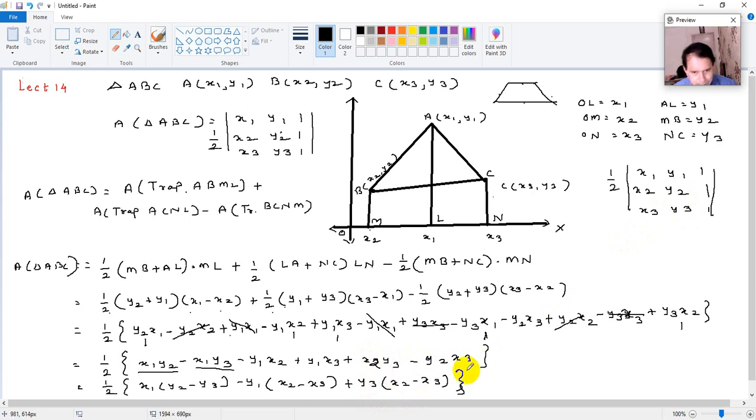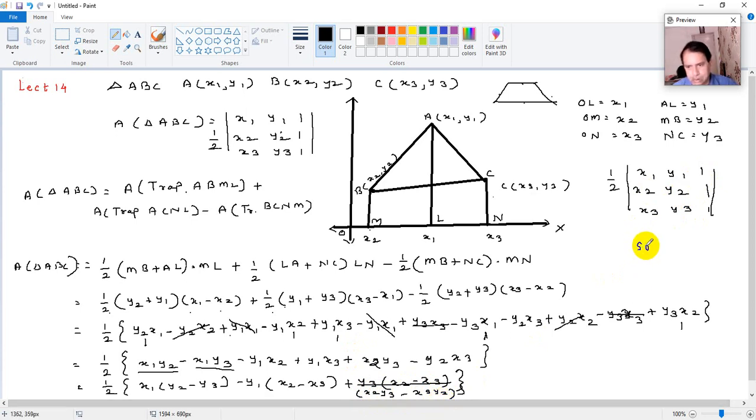What is common in that? x2 y3. This is what we want actually. This we will not write; instead of this, these two terms, so inside the bracket it will be x2 y3 minus x3 y2. Correct. Now see here, 1 into x2 y3 minus x3 y2, so that determinant we get. And so this is the proof.